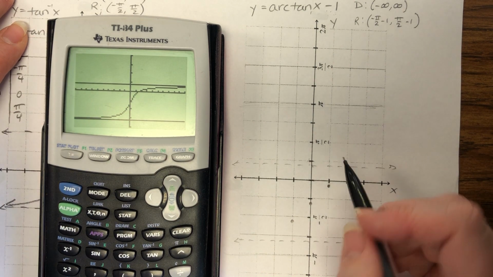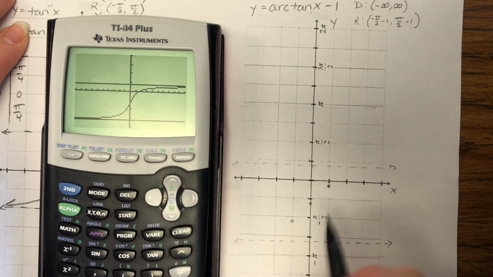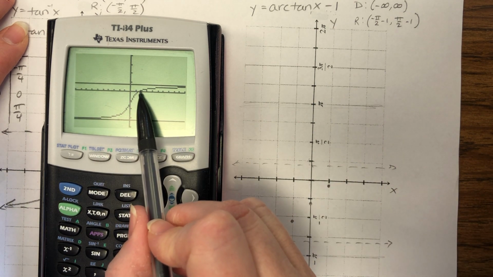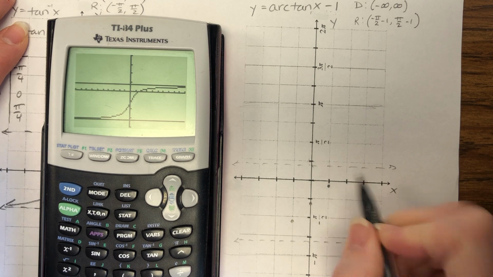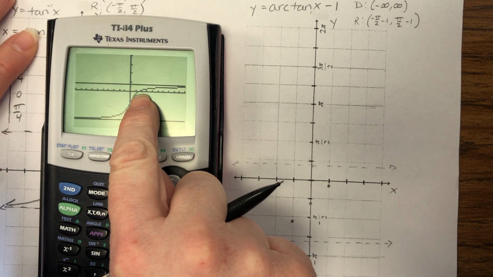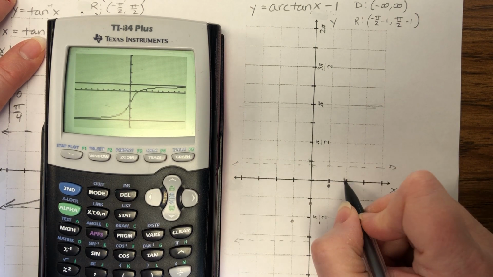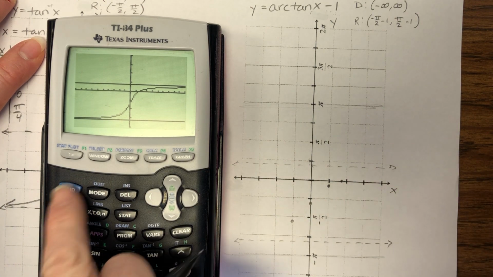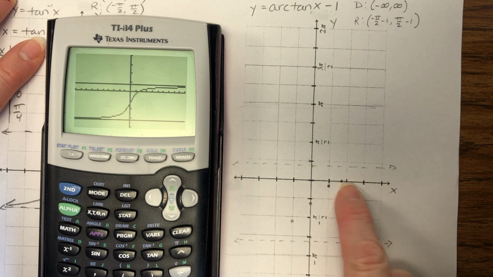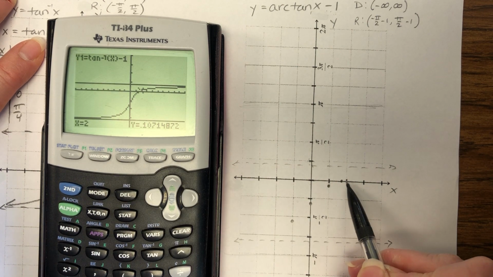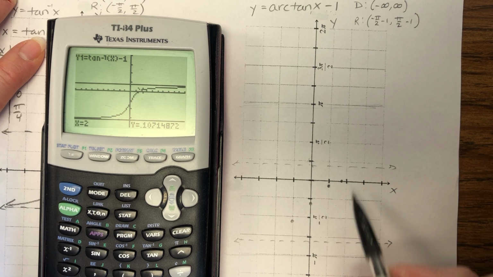And so if you wanted to, you could go through and find the x-intercept. An x-intercept is an important piece. I can see quickly that it's going to happen right to the left of 2. And if I look at x equals 2, I can see it's just above the x-axis.